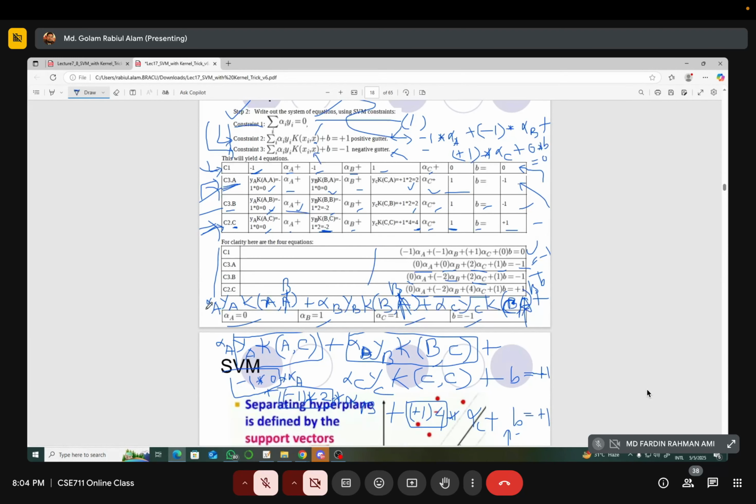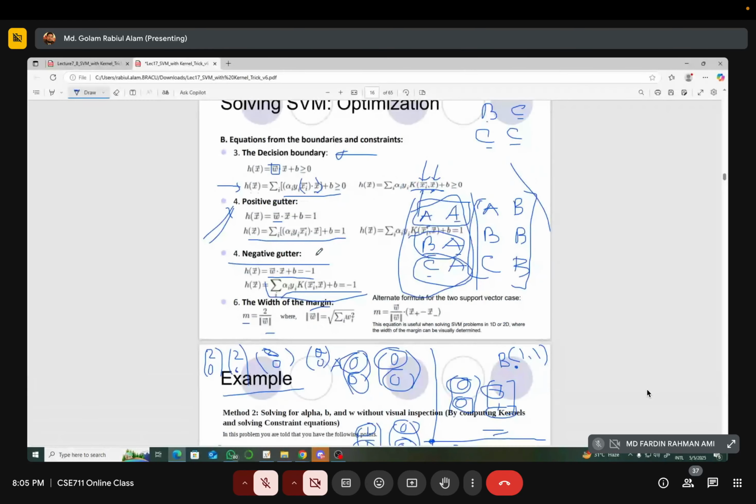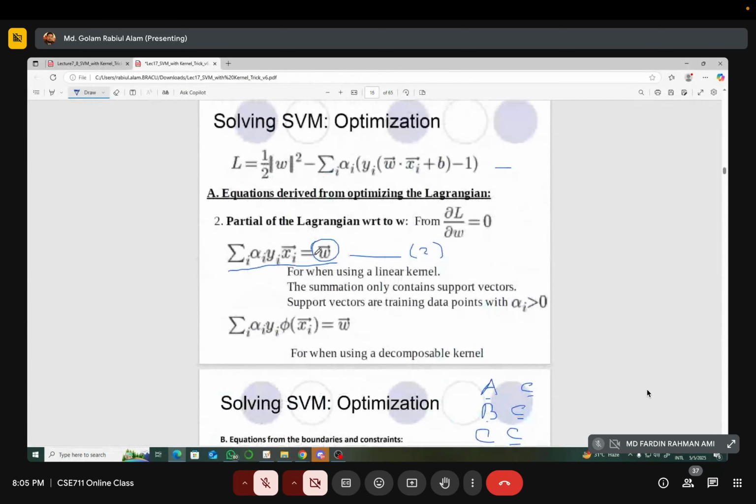Those alphas are actually our Lagrange constants. So we already determined the values of Lagrange constants and also the value of b. Now what we have to do is find out the value of W. We know the equation of W, that is from equation number 2. From equation number 2, we can now find out the value of W.